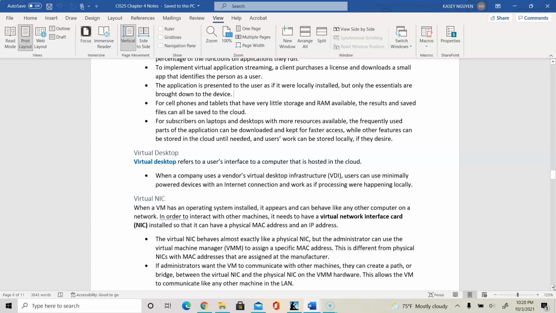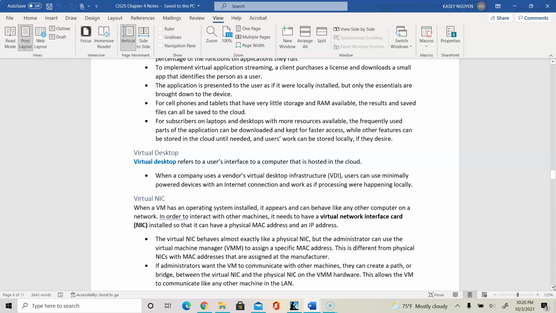However, we would use the configuration via the virtual machine manager to be able to configure it. So at a software level, we would treat it like a hardware device. However, it's still going to be able to utilize a physical network interface card in order to connect.